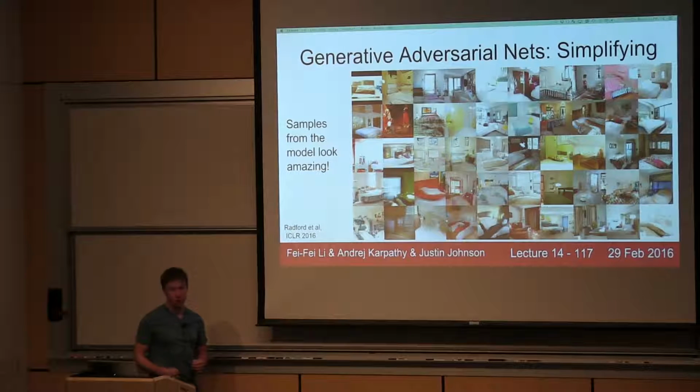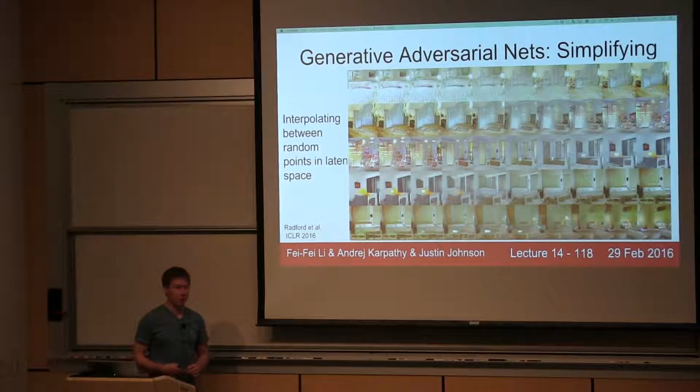So one example that we can try is interpolating between bedrooms. Here the idea is that for the images on the left-hand side, we've drawn a random point from our noise distribution and then used it to generate an image. And on the right-hand side, we've done the same: we draw another random point from our noise distribution and use it to generate an image.